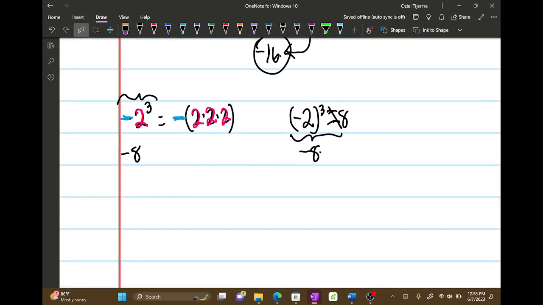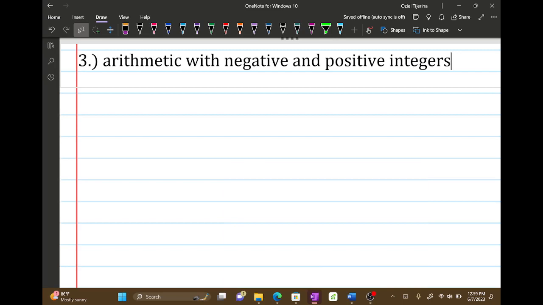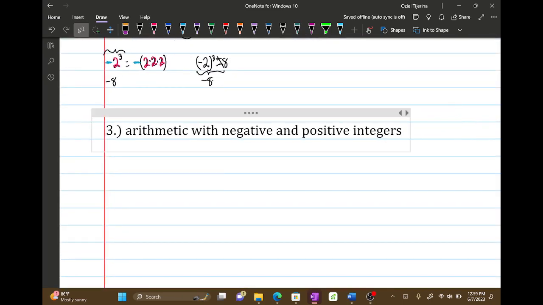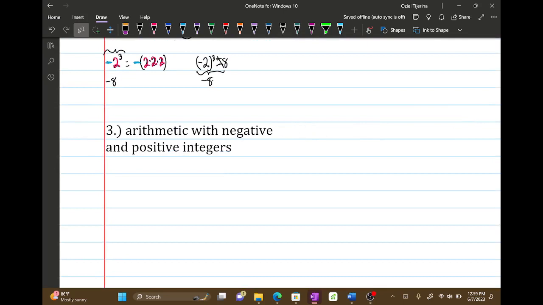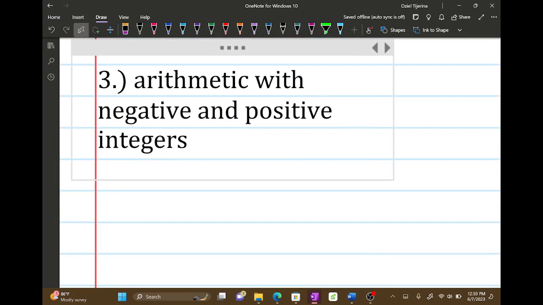So that is yet another error, right? Another error that I want to emphasize, and this is yet another error that I see students make all the time. We have to understand the rules of adding, subtracting, multiplying, and dividing negatives.